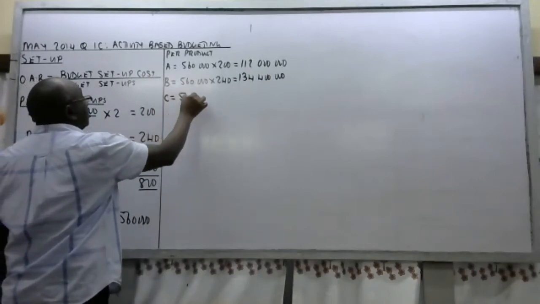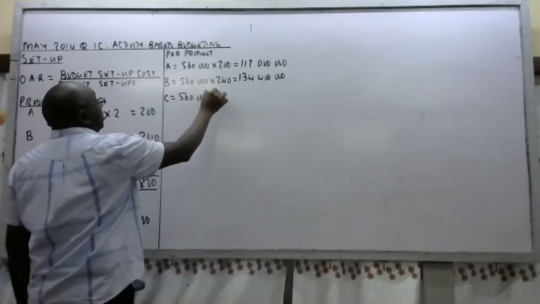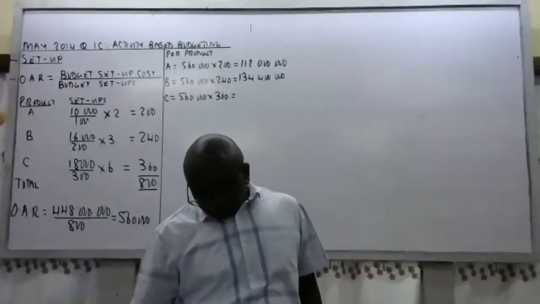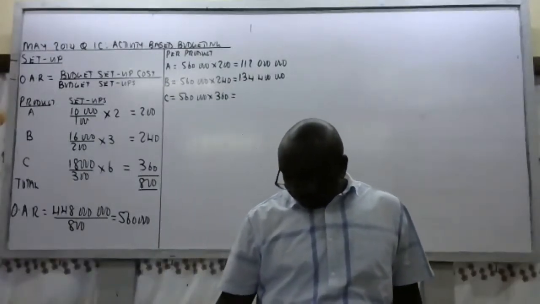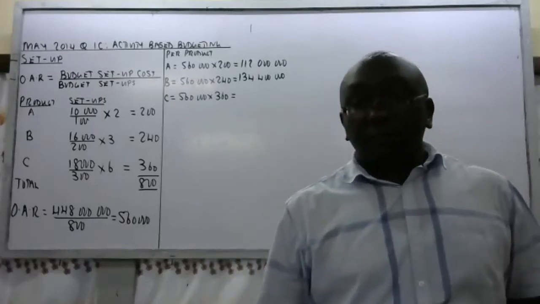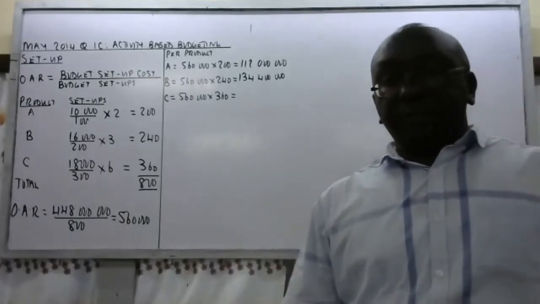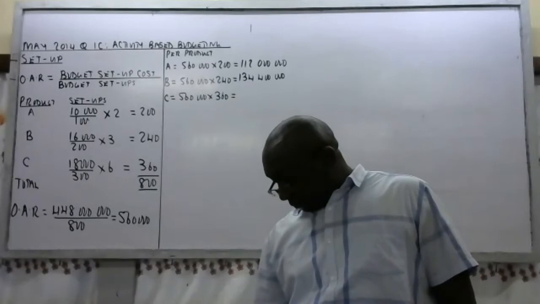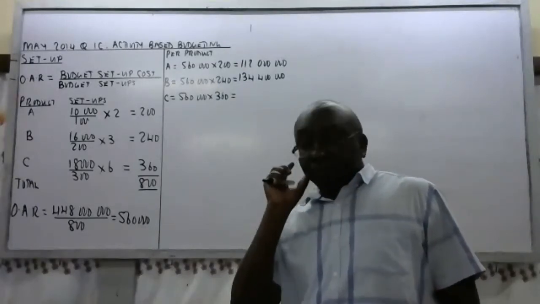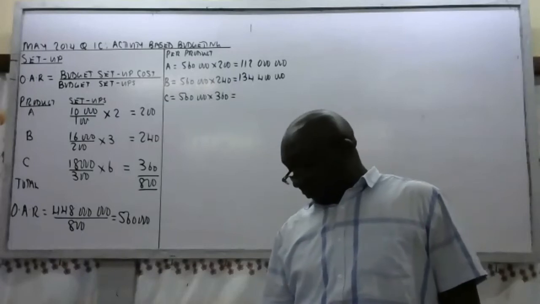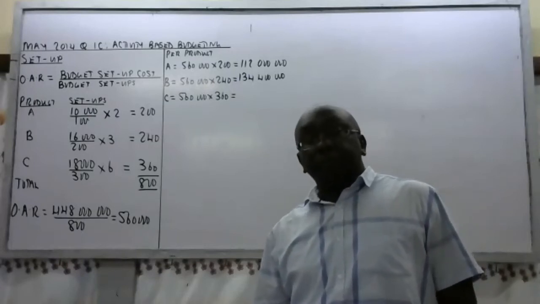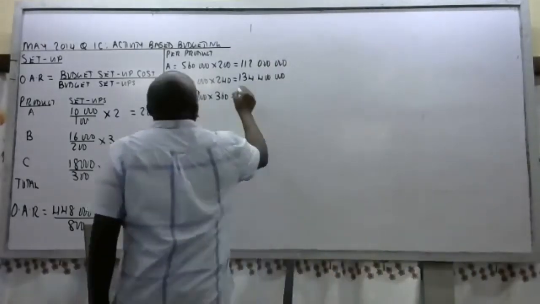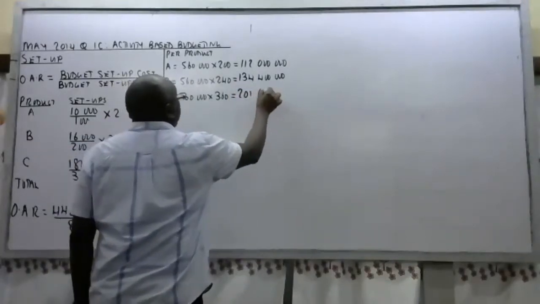C will be the same case, times 360. That is 201,600,000.